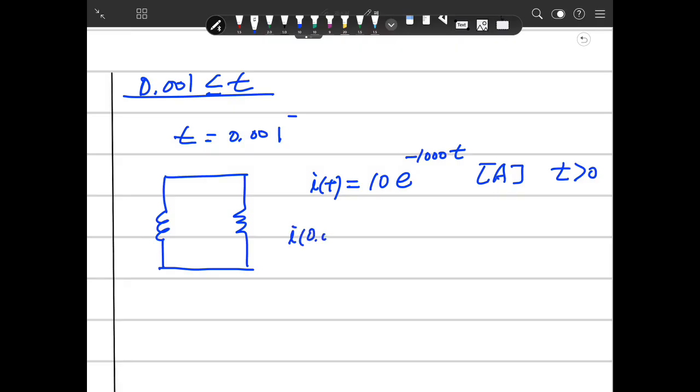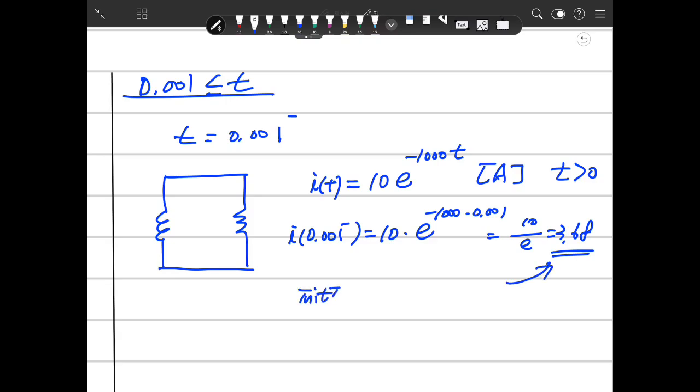So i at 0.001 will be 10 exponential minus 1000 times 0.001. There will be 10 over e. So that value is 3.68.